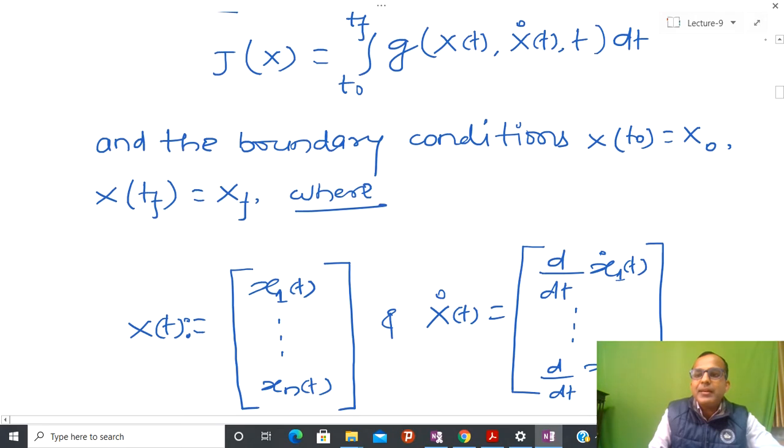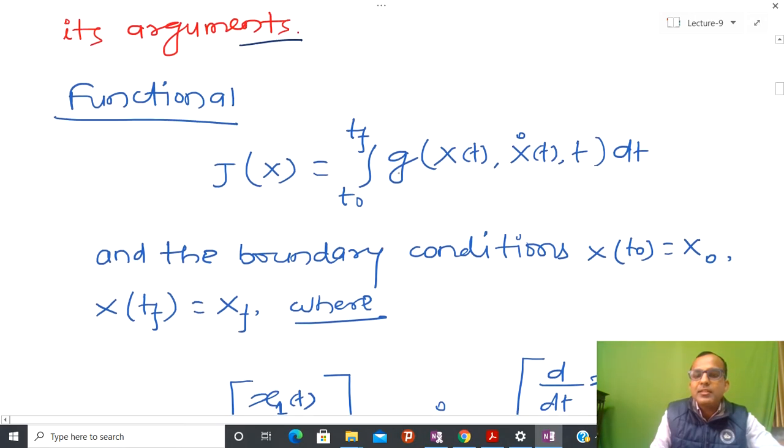So now g has n arguments of x, n arguments of x dot, and the independent argument t. Now I have to extremize this functional, which maps to a real number, and again I have different kinds of boundary conditions.